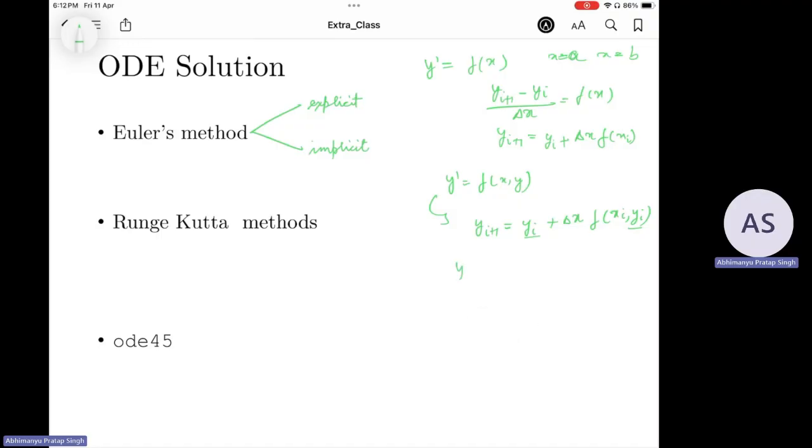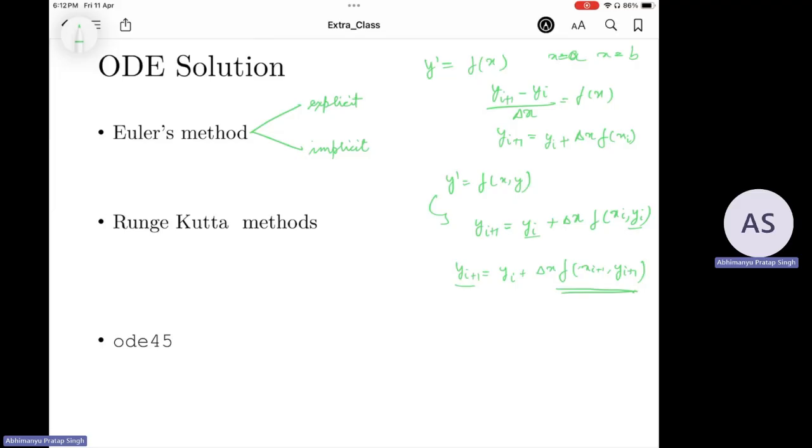In the implicit method, we write this differently. Here the inputs to this f function are xi plus 1 and yi plus 1. So the current value of yi plus 1 depends on yi plus 1 itself.